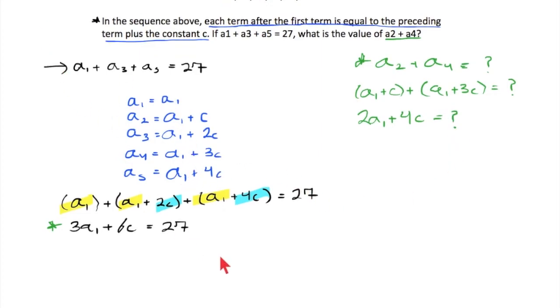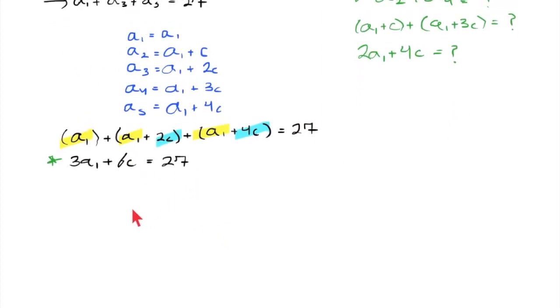So finally, we've got these two statements. We've got 3a1 plus 6c is equal to 27. And we've got this expression that references the same variables, 2a1 plus 4c, and we'd like to know what it is equal to.